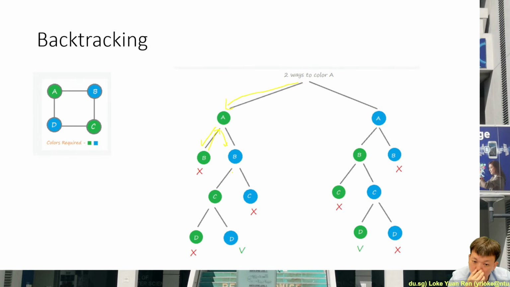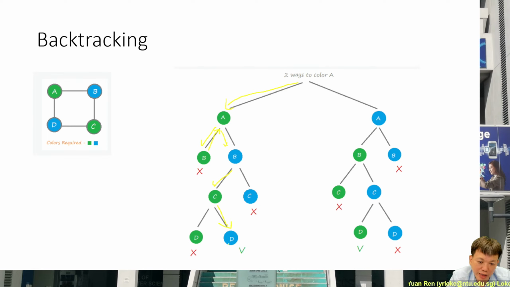At this point, of course, you can choose green or blue. Then you try to color it. Then you check. Of course you cannot color C blue because the adjacent node B is already colored blue. Then you can only choose green. Then after that you try green or blue on D. Green cannot be used on D, then you must choose blue.